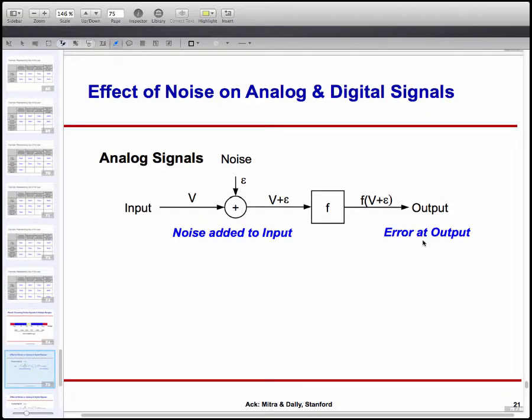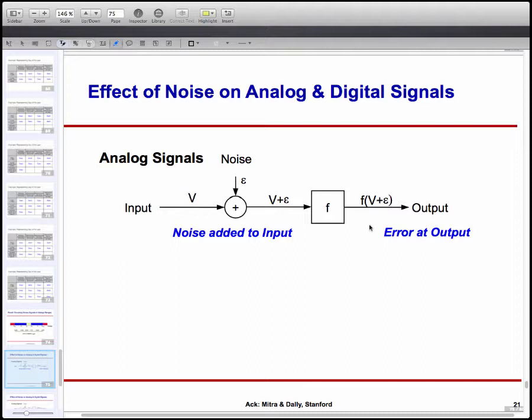So remember, our underlying stuff is analog. So let's say I have an input, which is a voltage. But when voltages travel over wire, they pick up noise from the AC line, from radio signals and whatnot. So what my system sees is not the real value, but by the time it reaches it, it has some noise added to it. So it has been perturbed.